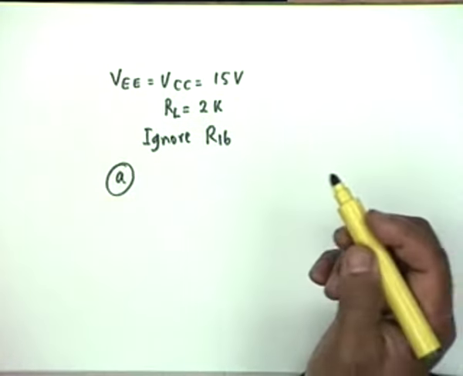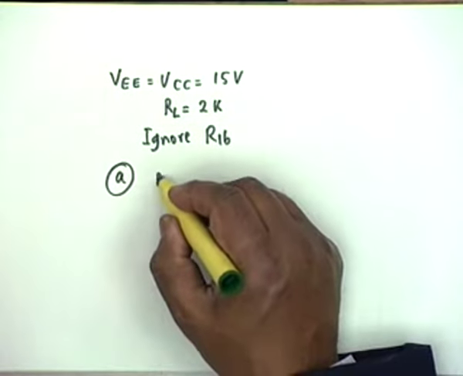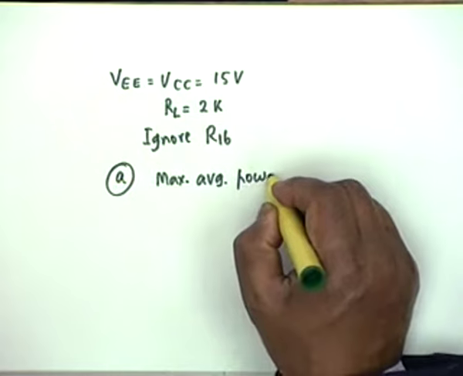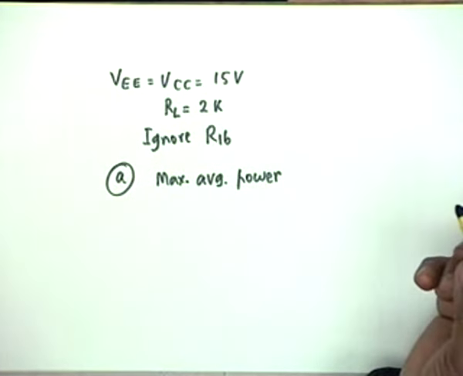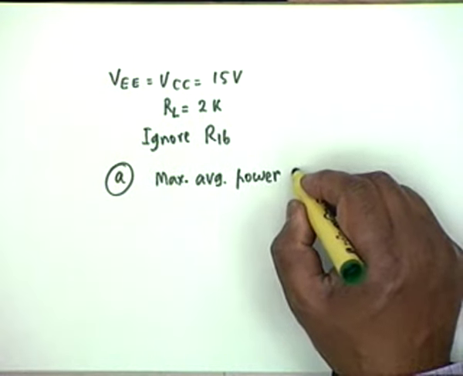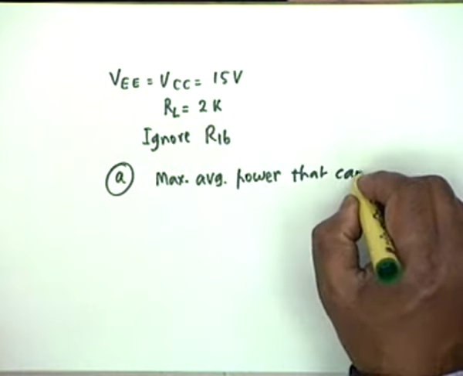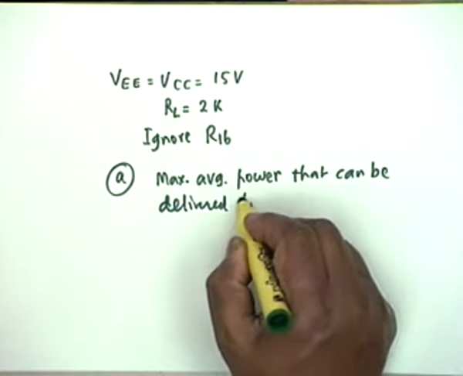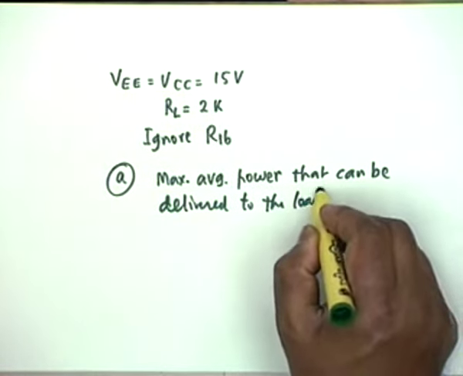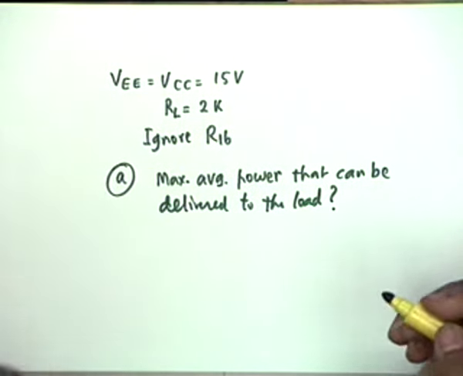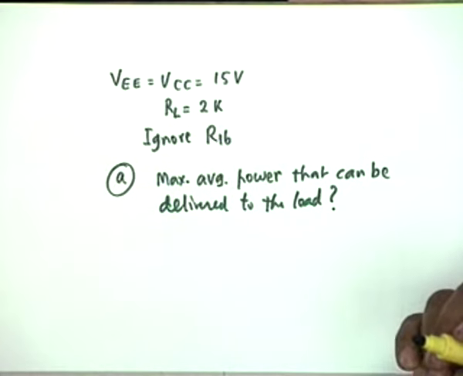The question that is asked is, what is the maximum average power this circuit can deliver, that can be delivered to the load? What is the maximum average power that can be delivered to the load by this circuit?